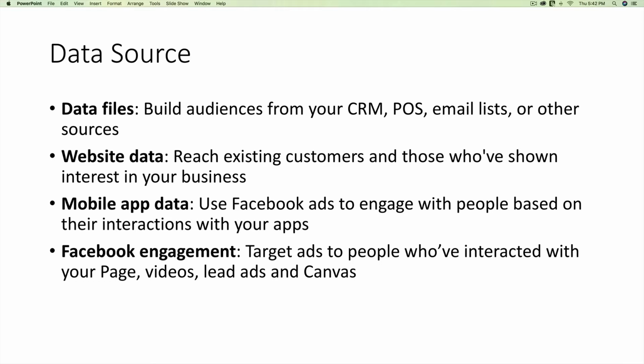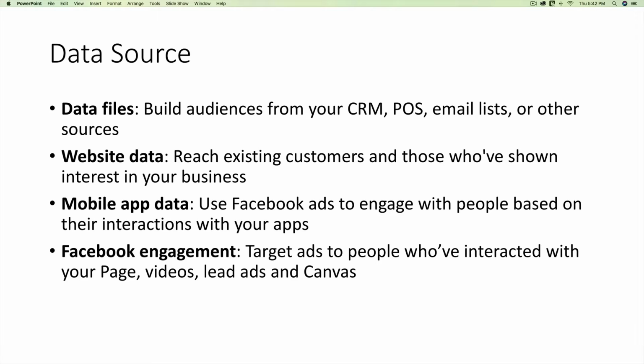So in these cases, let's say you create a page and people like it, you can remarket to them. It's the same as what you saw in the last video: people who like your page, or their friends. Then we have videos.